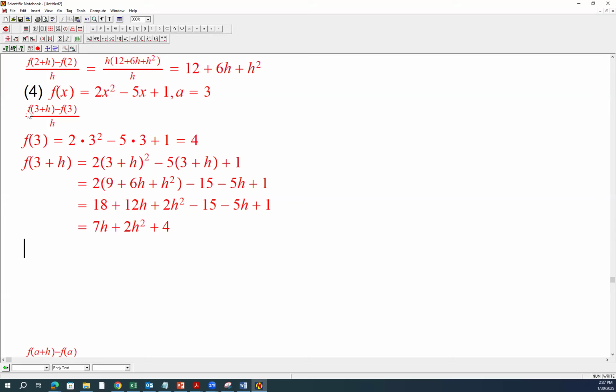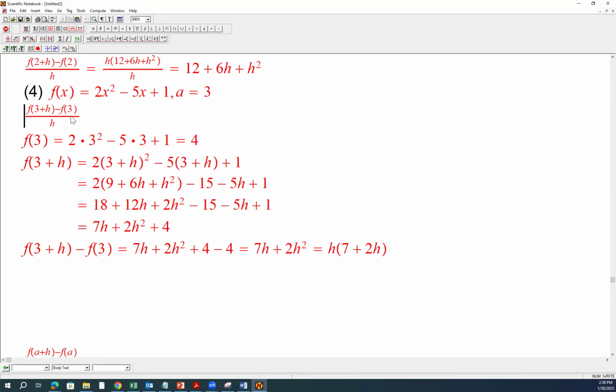And then we're going to compose the numerator. Composing the numerator, so f of 3 plus h is this piece, subtracting f of 3, which equals 4, and 4 minus 4 makes 0. So we ended up with 7h plus 2h squared. Factor out the h. You can see factoring is a common theme, right? We have 7 plus 2 times h.